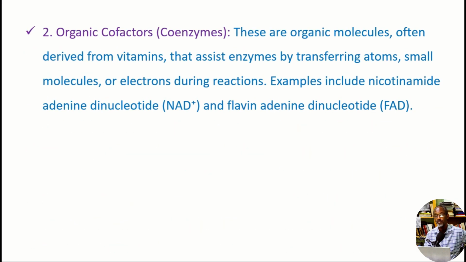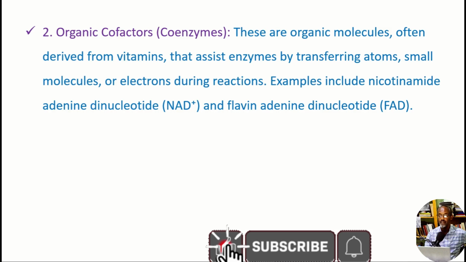The other are organic cofactors, which are known as coenzymes. In case of organic cofactors, we also mention the prosthetic groups. Let's first talk about organic cofactors, the coenzymes. These are organic molecules often derived from vitamins that assist enzymes by transferring atoms, small molecules, or electrons during reactions.